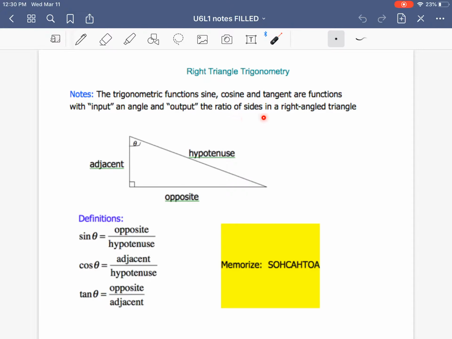It's really important to remember that this is a ratio of sides in a right-angled triangle. We're going to look later at what happens if we have a non-right angle triangle, but for these, it's just triangles that have a right angle in them.